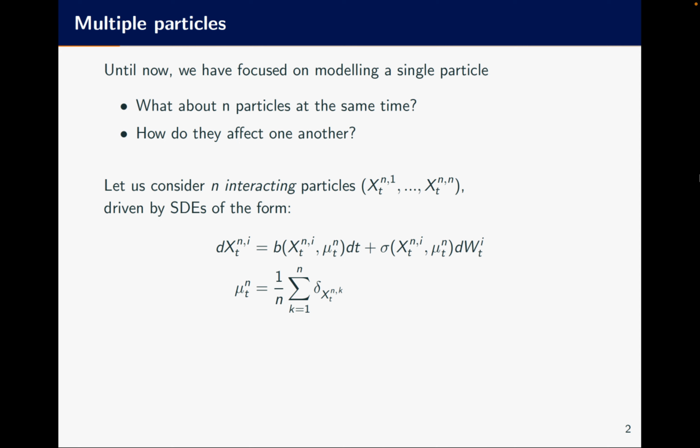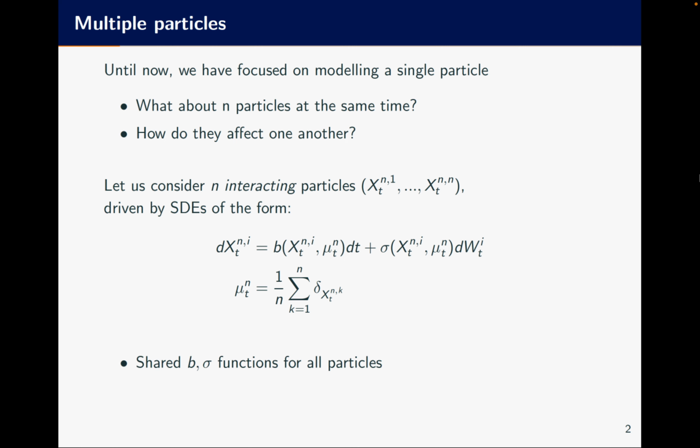Notice that b, the drift term, and sigma, the diffusion term, both take an additional parameter in the form of mu. This is how we encode the particle interactions on a high level, by making these parameters dependent on the distribution. In this case, mu is a measure, and we define it as an average over n Dirac deltas, each placed at the position of the kth particle.